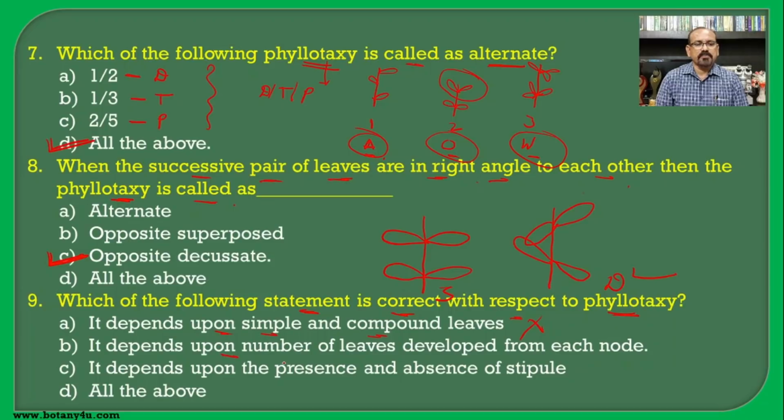Then it depends upon the number of leaves developed from each node. This is the correct statement. Then it depends upon the presence or absence of the stipule. This is also not related to the phyllotaxy, and it can only be used for the leaf being stipulate or exstipulate, and hence B is the correct answer for this question.